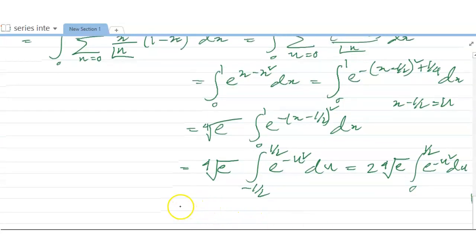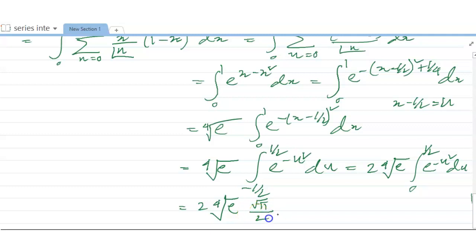It can be written as 2 into 4 into e, and we know that it can be written root pi by 2 into erf half. You have to know the formula.